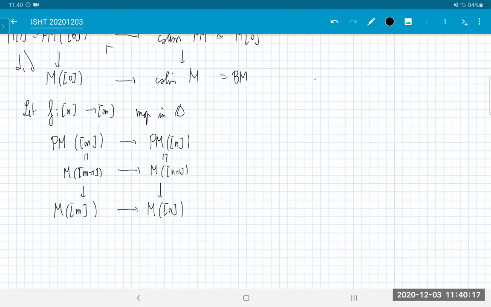But let me first see what happens when M is discrete: what this map is doing. So this is M of m plus 1, and this map just discards the last coordinate.